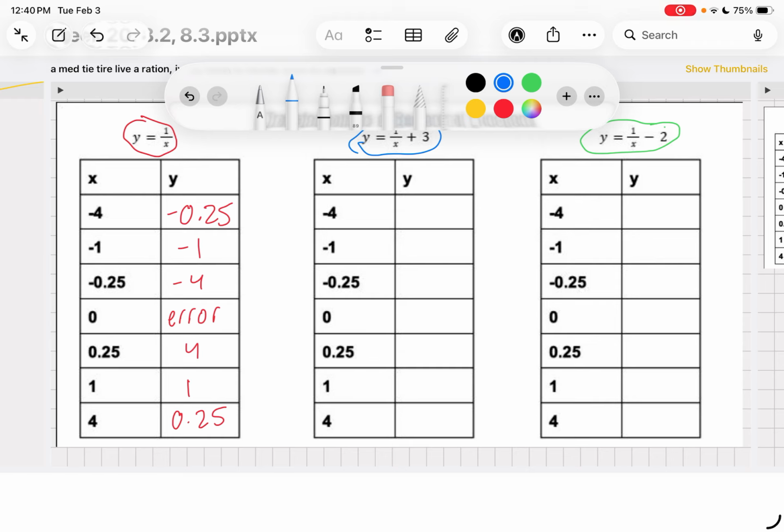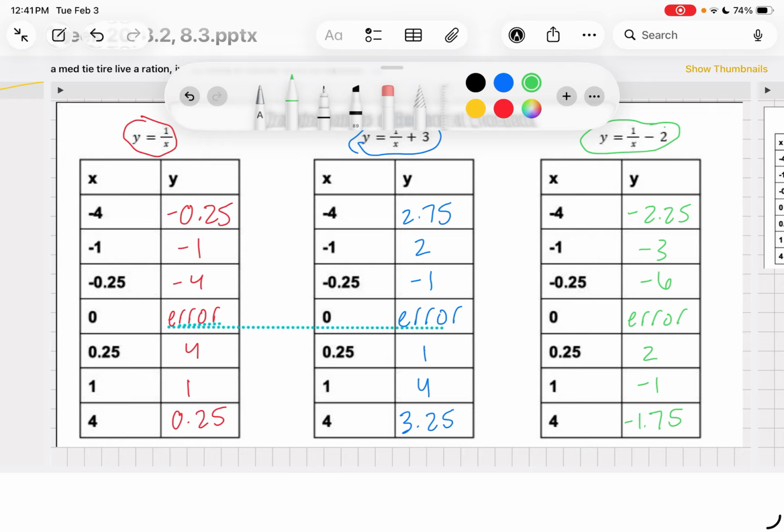Then for that middle table, you should have gotten 2.75, 2, negative 1, error again, and then 1, 4, and 3.25. And then for this last one, you're going to have negative 2.25, negative 3, negative 6, error, 2, negative 1, and then negative 1.75. Okay?